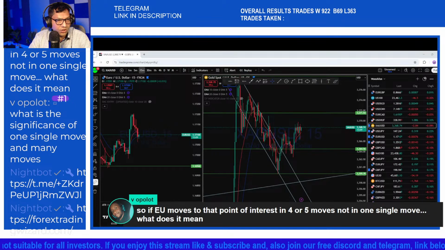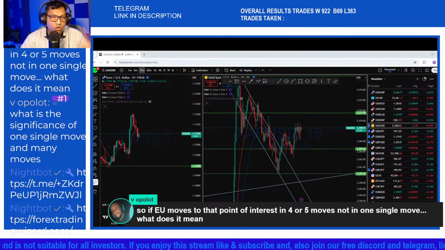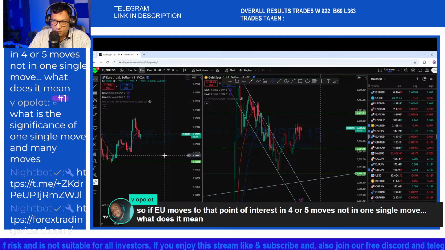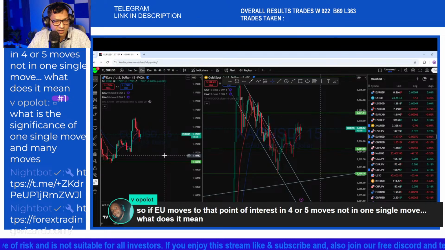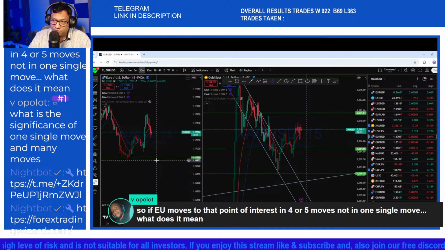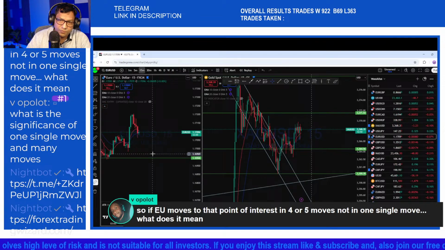If Euro USD moves to that point of interest in 4 to 5 moves. Okay. There are two very important points. One thing is to answer that question very clearly. If euro dollar moves to that point of interest, that means that level of interest that we are looking for buying or selling.